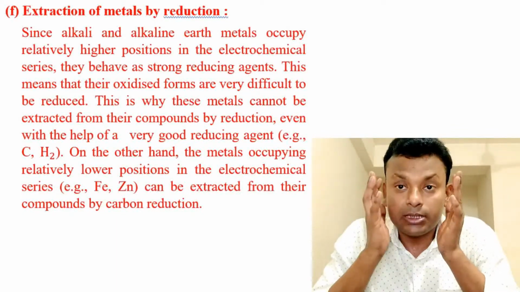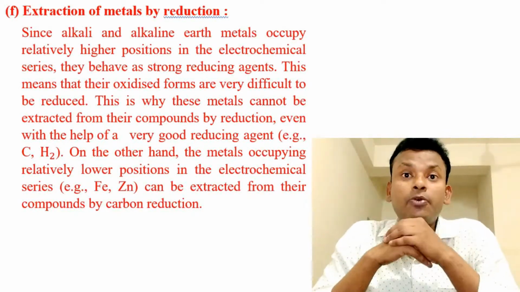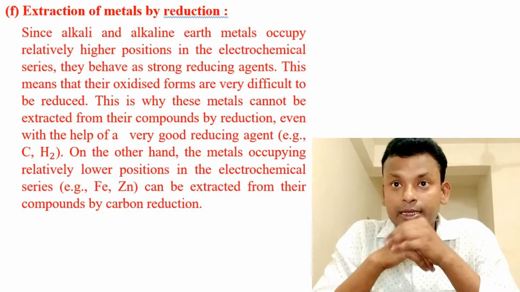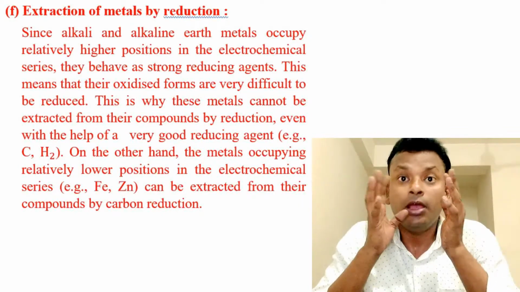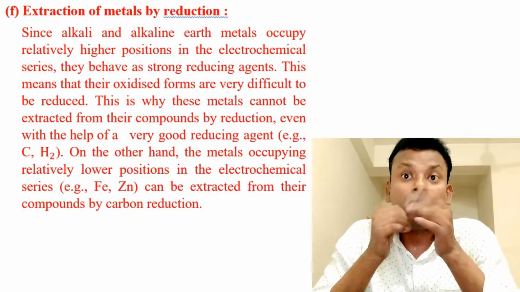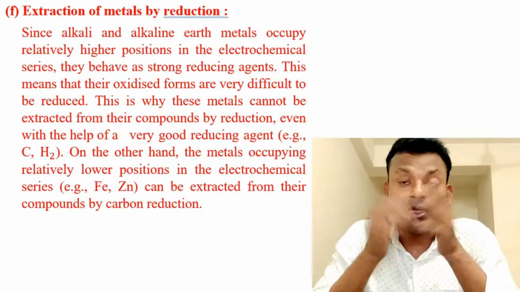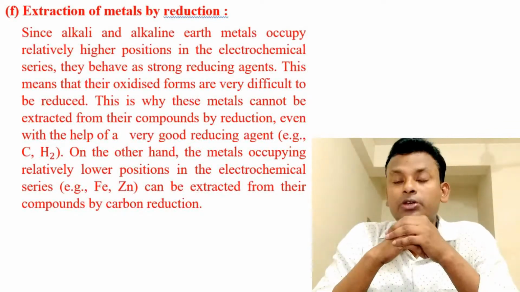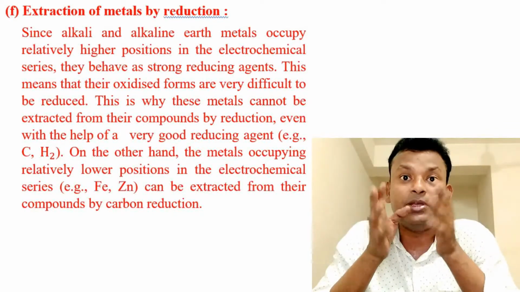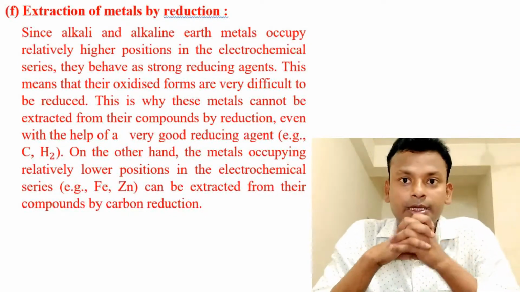This is why these metals cannot be extracted from their compounds by reduction, even with the help of a very good reducing agent, for example carbon or hydrogen. On the other hand, metals occupying a relatively lower position in the electrochemical series, for example Fe, zinc, can be extracted from their compounds by carbon reduction.